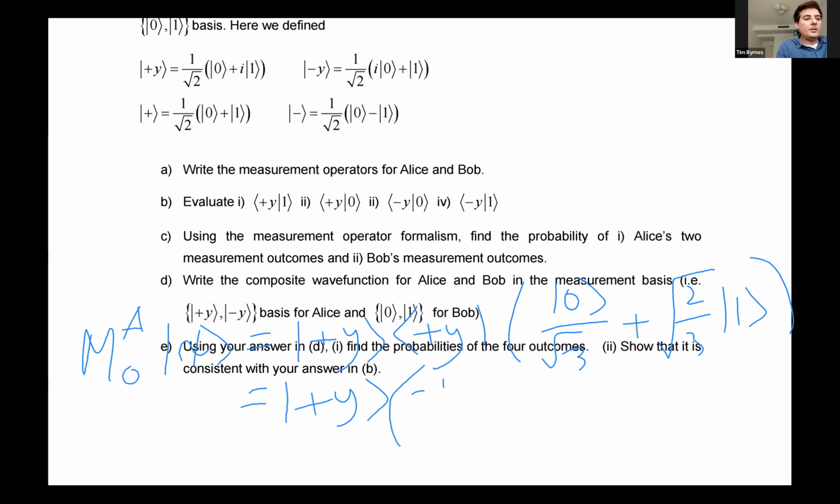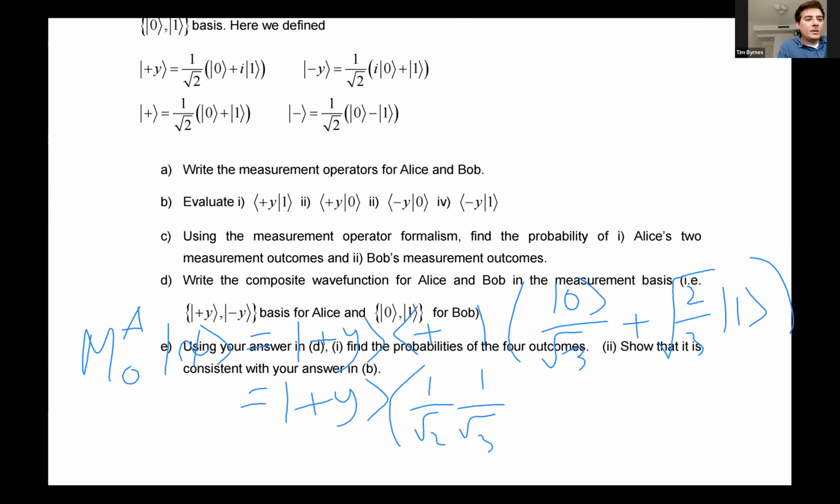So this one should be minus i over root 2. This is already a factor of root 3. What about this one? What's the inner product between minus Y and minus? Oh, I think it's just 1 over root 2. Didn't we get minus for this one? Plus Y, so we're doing, all right, yes, sorry. Yeah, sorry, I'm looking at the wrong one. You're right. So you're saying it should be just this, right?